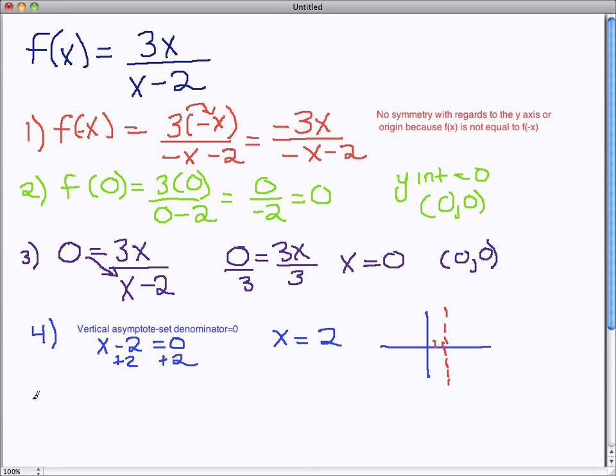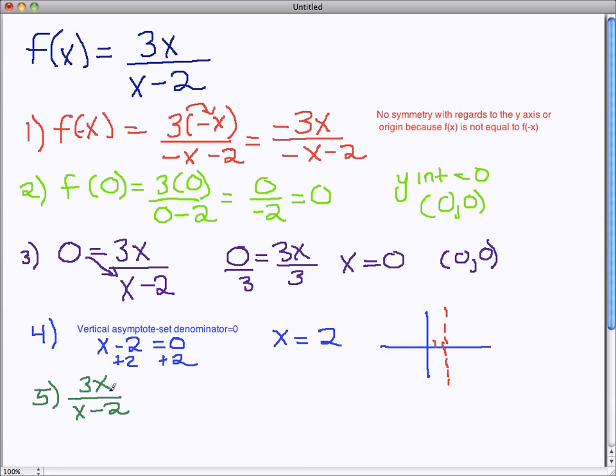Okay, part 5 is to look for the presence of horizontal asymptotes, and we can do that by looking at our leading coefficients. We look at those because the denominator and the numerator have the same degree, which means there's no squared in one of them, or cubed or any other exponents.